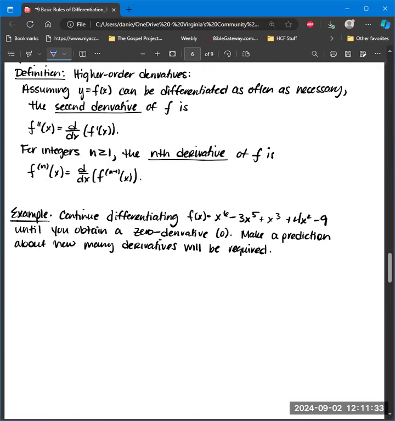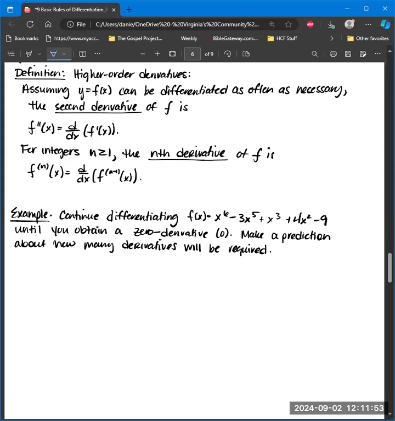If we want to find higher order derivatives, those will be derivatives of derivatives. So assuming y equals f of x can be differentiated as often as necessary, the second derivative of f, f double prime of x, is equal to the derivative with respect to x of the first derivative of f with respect to x.